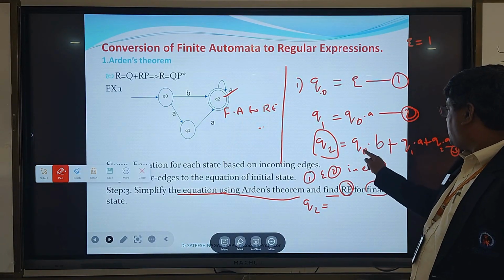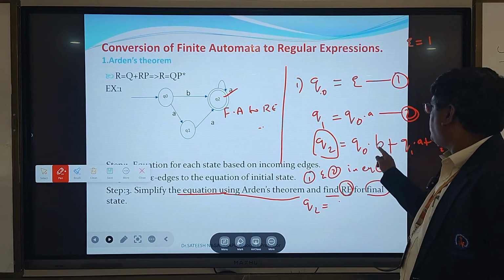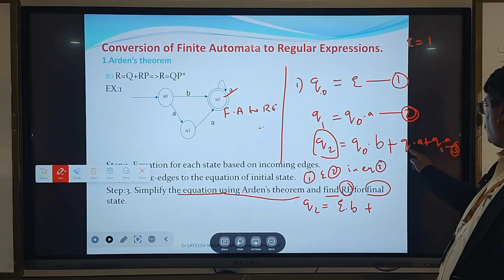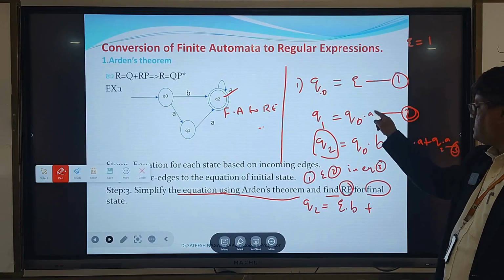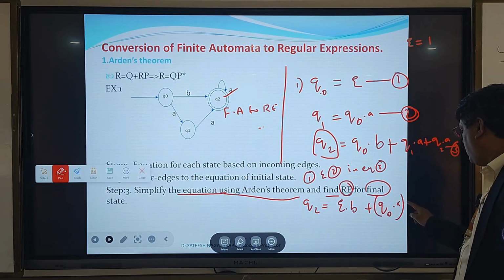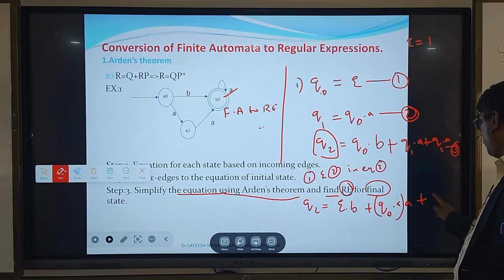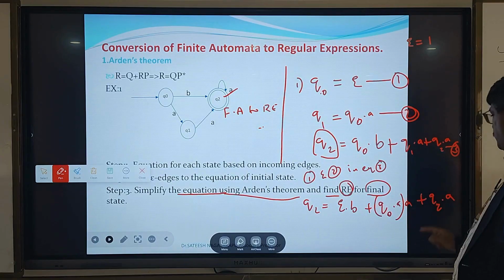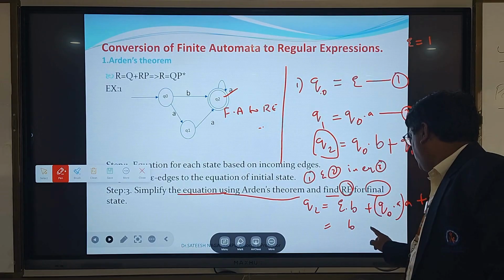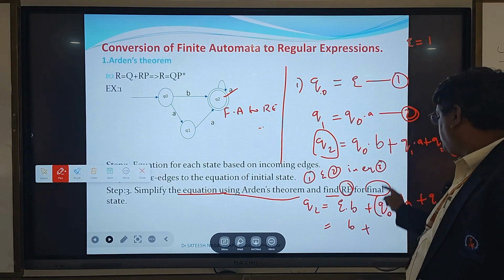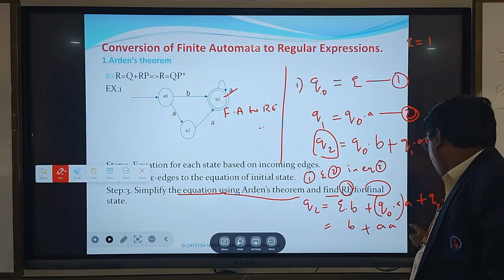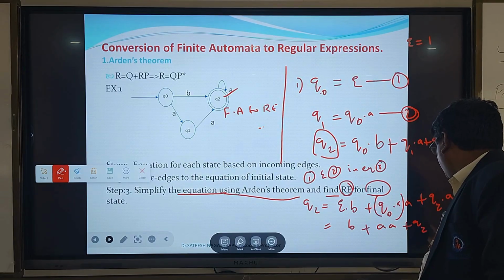Now we apply Q0 into B, that is epsilon into B, plus Q1 into A. Q1 value is Q0 into A, and Q2 into A. Again, you know the epsilon value is 1, so we get B plus A into A plus Q2 into A.